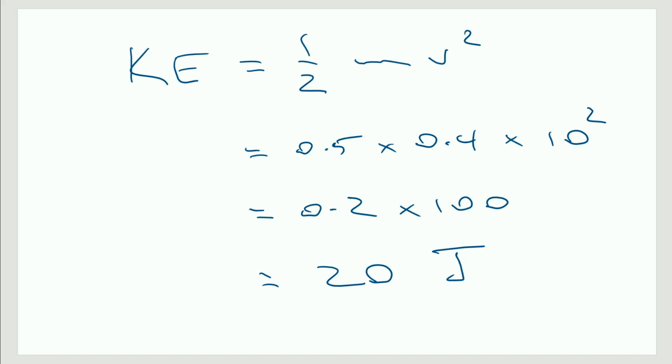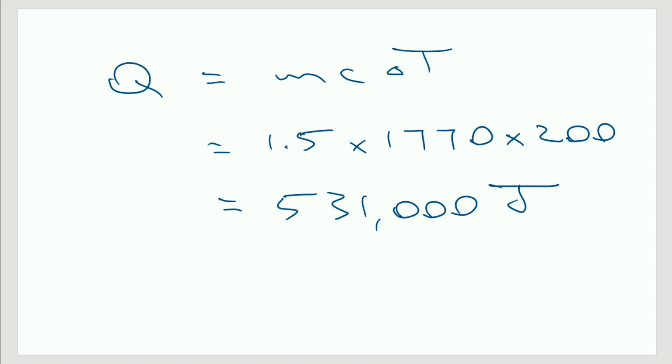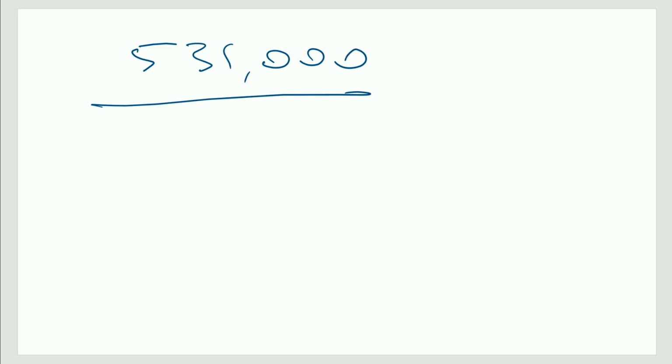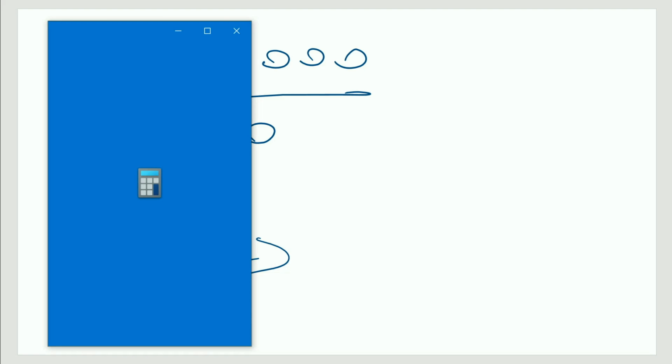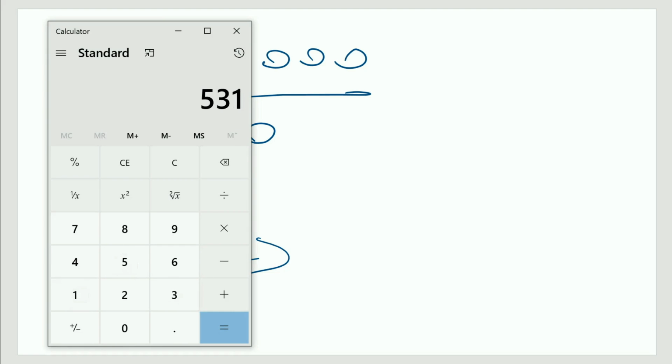How many times am I going to need to slap the chicken? I produce 20 joules of energy per slap. To get this chicken cooked, I need 531,000 joules. Let's work that out. 531,000 joules of energy divided by 20 joules of energy per slap is 26,500 slaps.